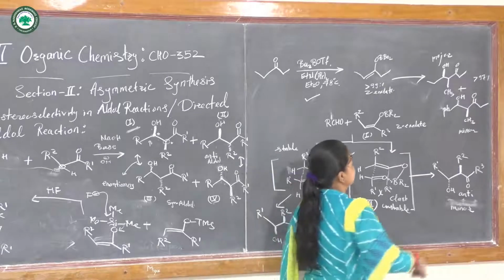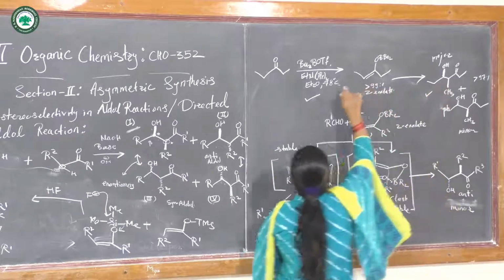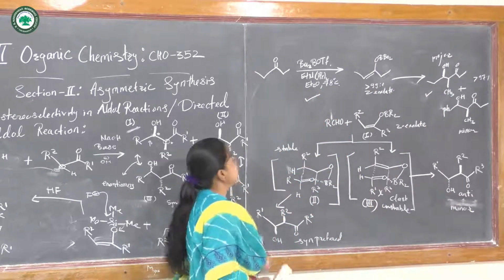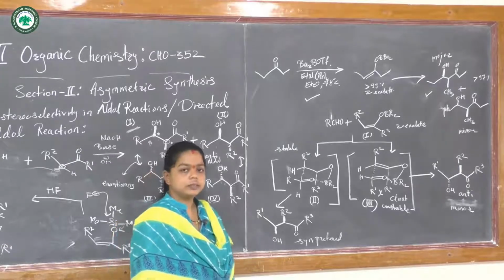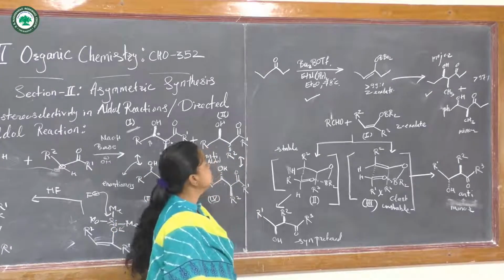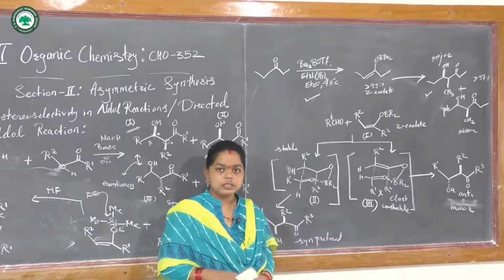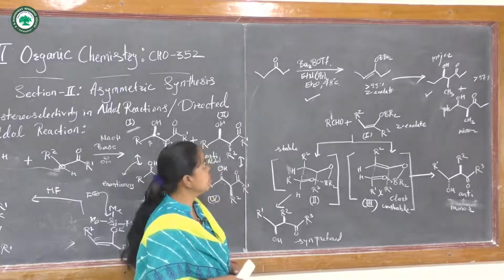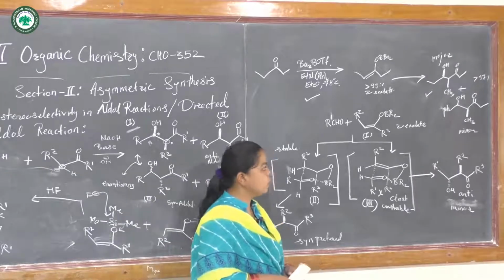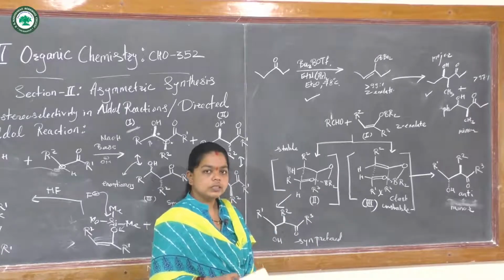Now this is the Z enolate formed in this reaction. We have taken the example of the 3-pentanone molecule. This 3-pentanone molecule reacts with dibutyl boron triflate with the base in ether at lower temperature, and we get a major amount of the Z enolate.